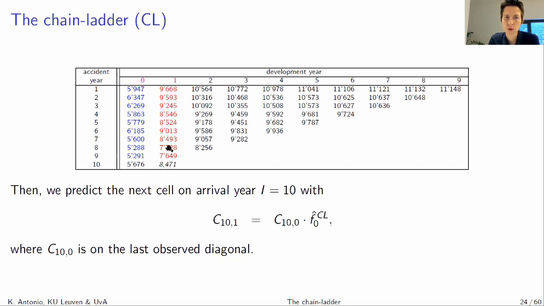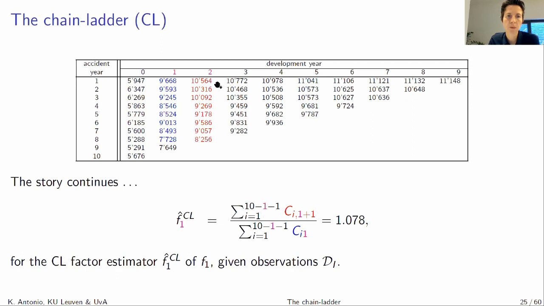So we move on. We calculate the next development factor by taking the sum of the red guys, dividing it by the sum of the blue guys. I'll get a factor over here, which now shows me how, on average, I go from the cumulative amount in development year 1 to the cumulative amount in development year 2.